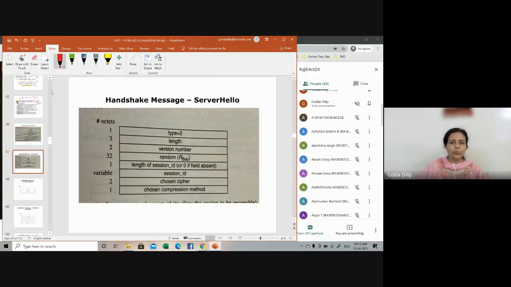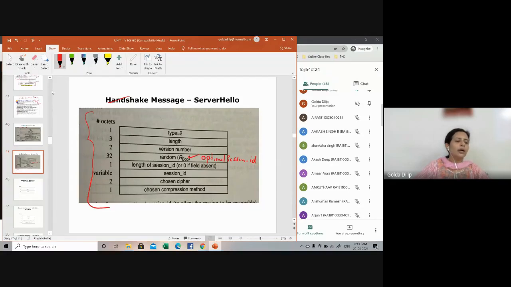Then the server hello, one of the handshaking messages. What are the various parameters? You can see here random R_Bob, and the optional session ID, which allows the session to be resumable.